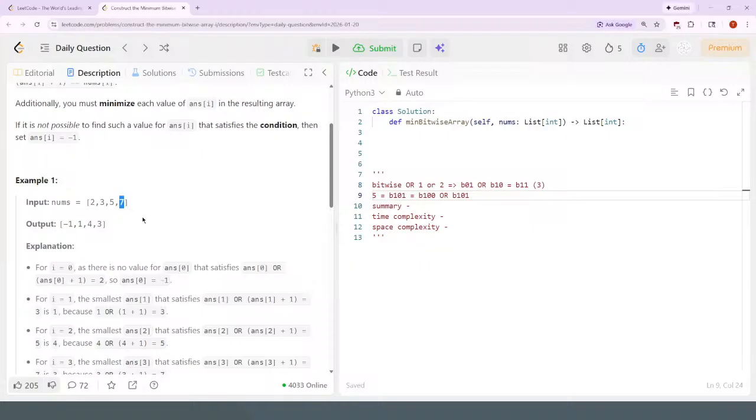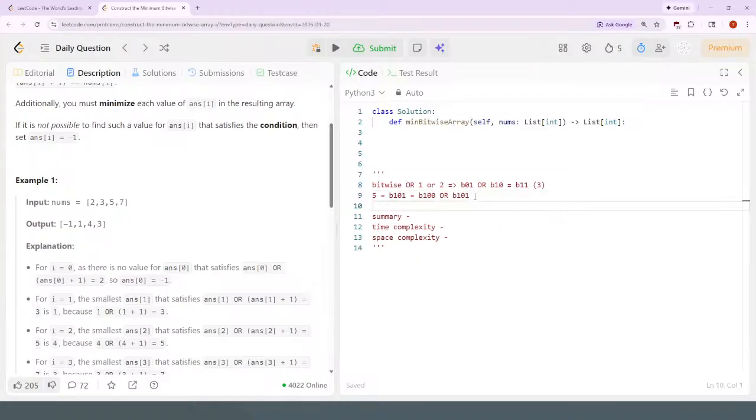And for odds, it's kind of trivially possible to use one less than the number. So for instance, for 3 you can use 2, for 5 you can use 4, for 7 you use 6, because the only difference in the binary form is the ones digit. So all the other digits are going to be correct.